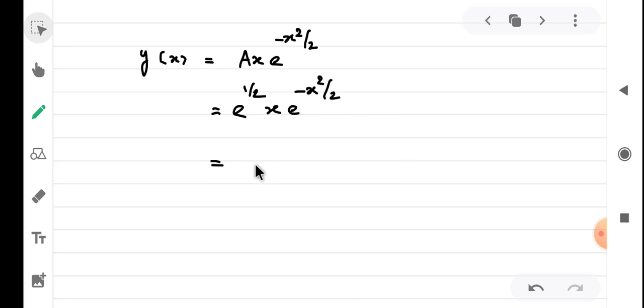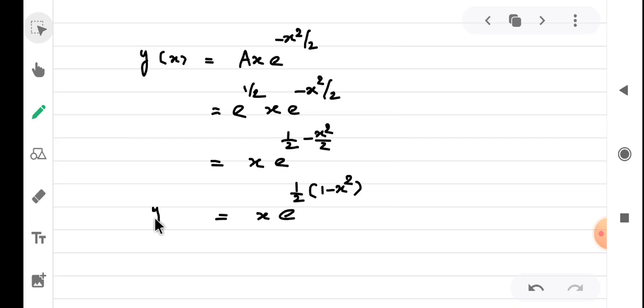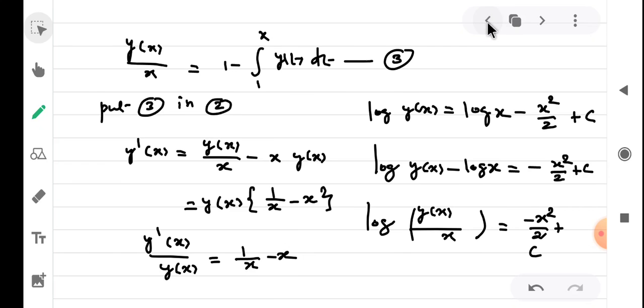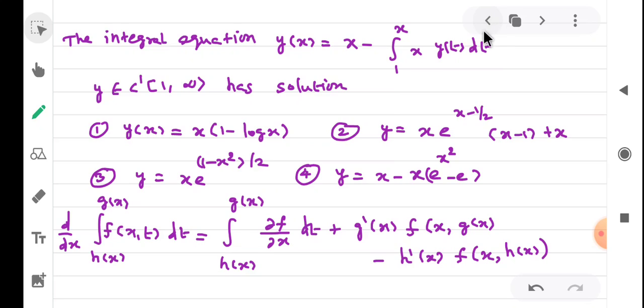So it will become x into e power 1 by 2 minus x square by 2, which is x into e power (1 minus x square) by 2. So this is the solution to the problem: y of x is equal to x into e power (1 minus x square) divided by 2. Now let us look into the options.